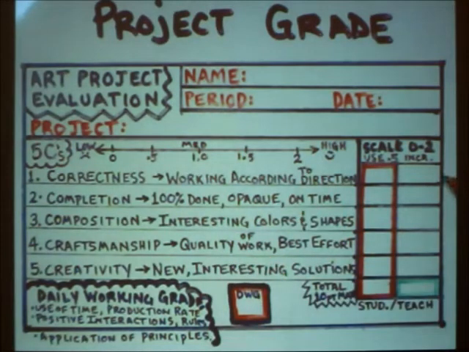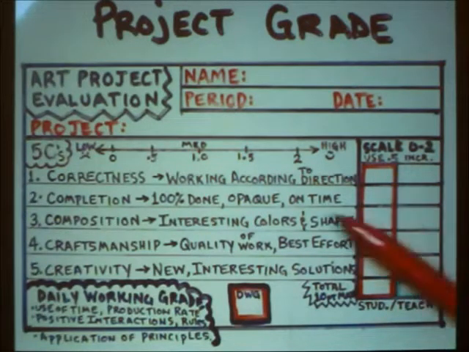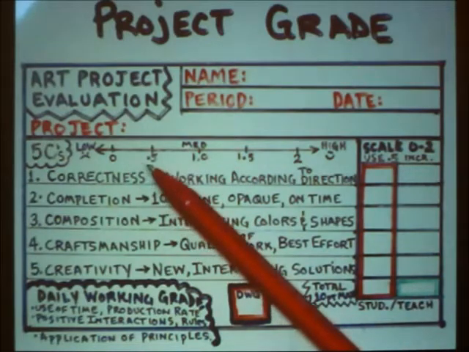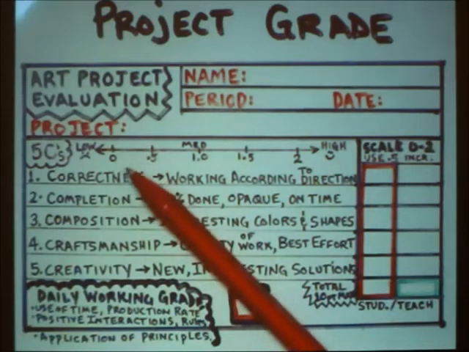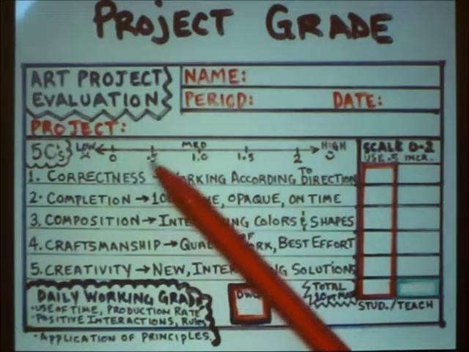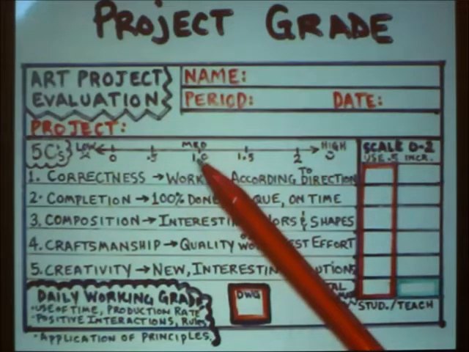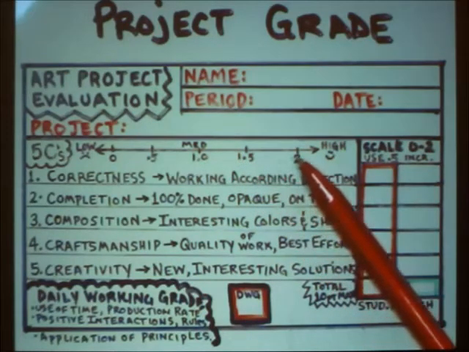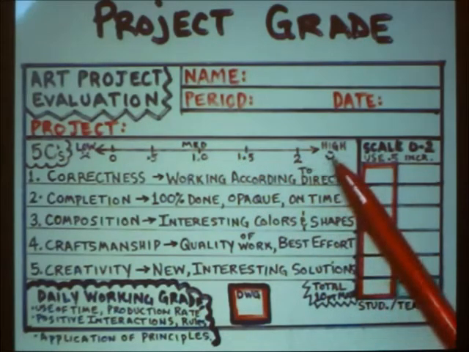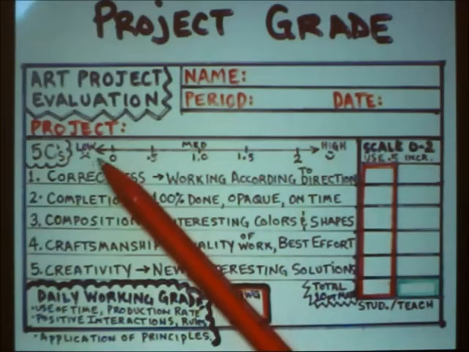Now, on the form in the physical classroom, you would notice there is a column for the student and then a column for the teacher as well. So we use increments of 0.5 or 1/2 to grade our work. So you have an option to go with a 0, a 0.5, a 1 if you get it halfway there, a 1.5 if you're like 75%, or a 2. So the highest is better, lower numbers are not so good.